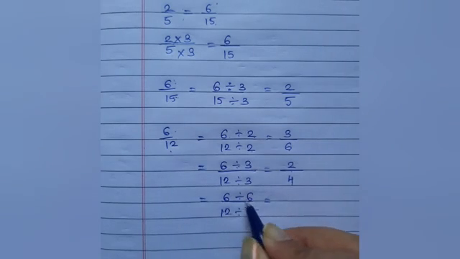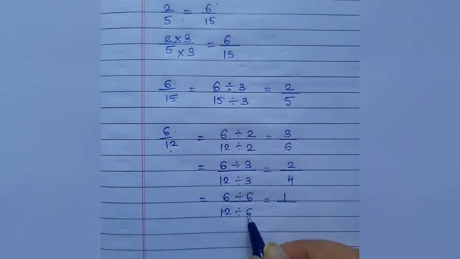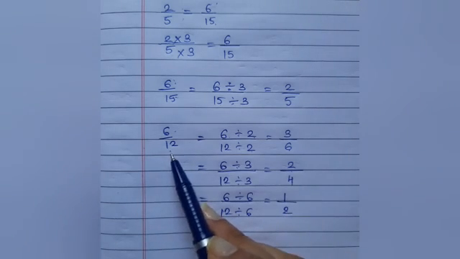The value will be 6 divided by 6 is 1 upon 12 divided by 6 is 2. So the obtained fraction, 1 upon 2, is also equivalent to 6 upon 12.